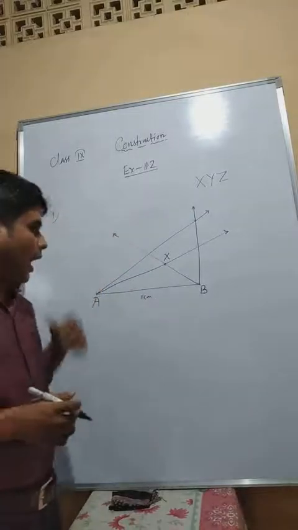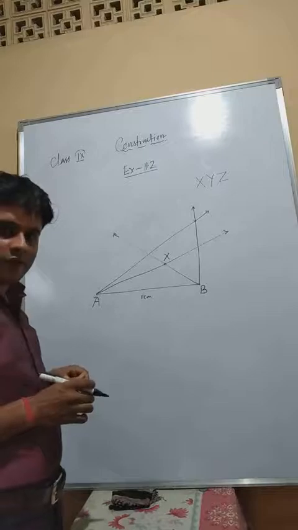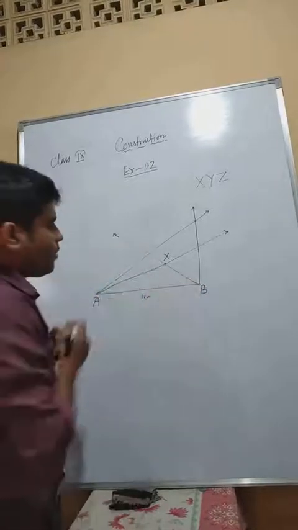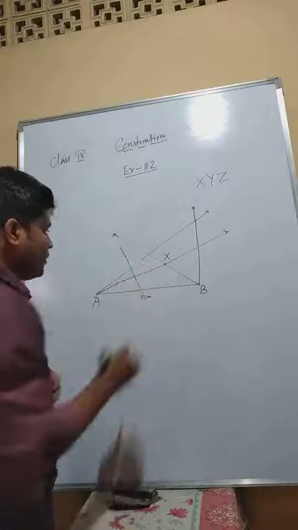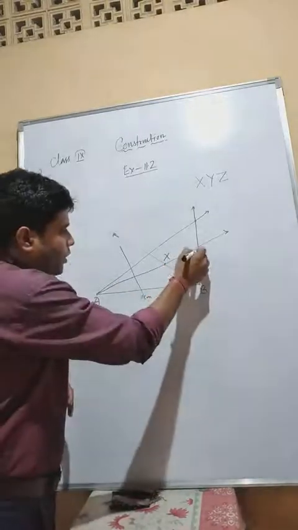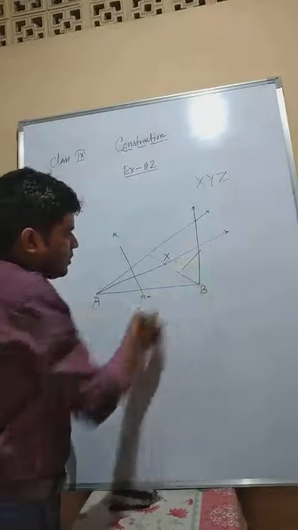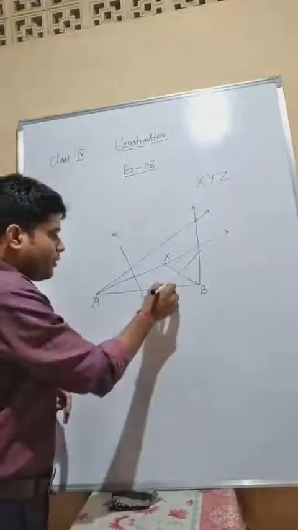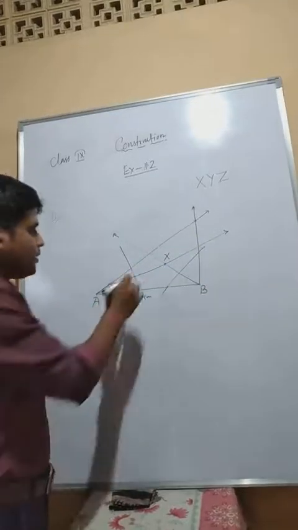After this, draw the perpendicular bisector of AX and the perpendicular bisector of BX. Suppose these are the perpendicular bisectors of AX and BX.